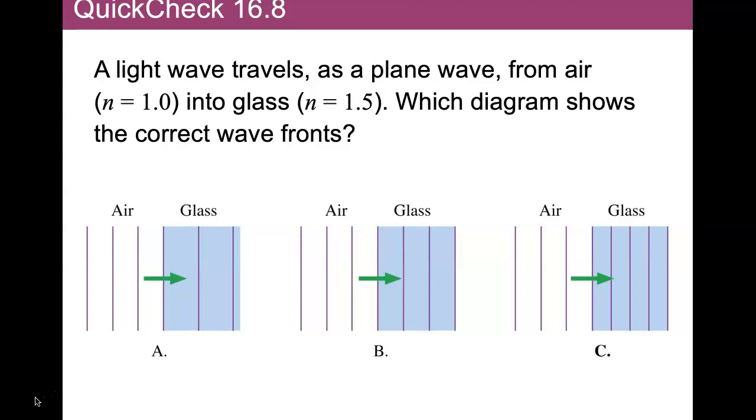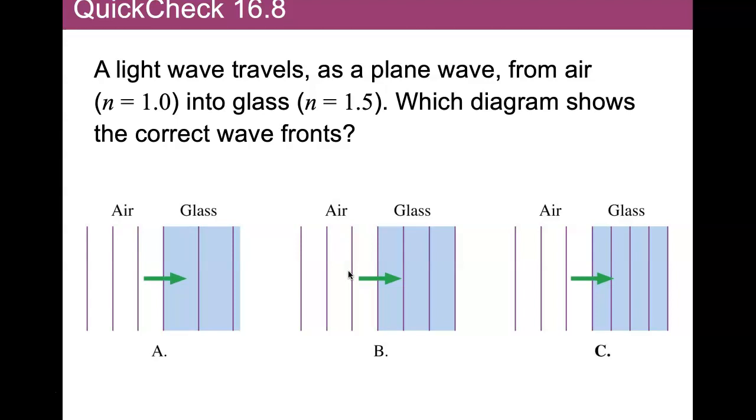All right, so we just argued that as light moves from air to glass, glass has a larger index of refraction than air. The speed of propagation in glass is smaller than the speed of propagation in air.